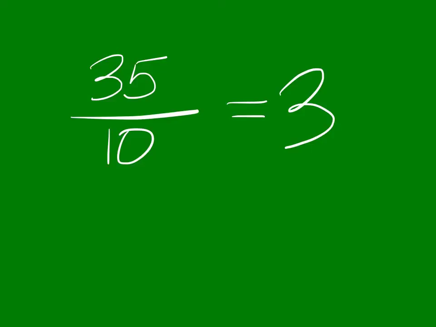We just put 10 into 35 3 times. 10 times 3 is 30. How much is left over? 5. We have 5 left over, but what do I do with it? 5 over 10.